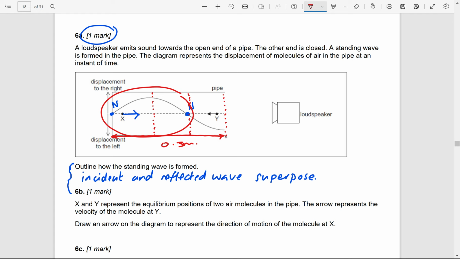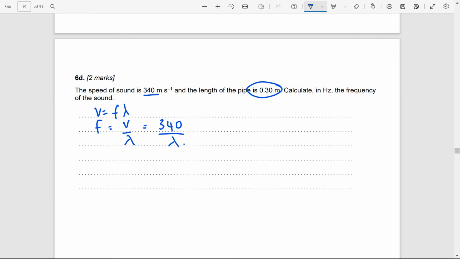And then I can see that at the end of the pipe, they've made it fairly simple for us to note that the next bit of the wave goes down to the trough. So that's an additional half of a half. So what I've got is a quarter, a quarter, and a quarter. Okay, so I've got 3/4 of a wavelength.